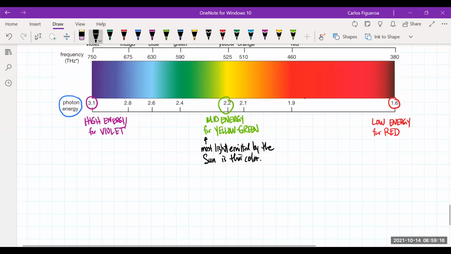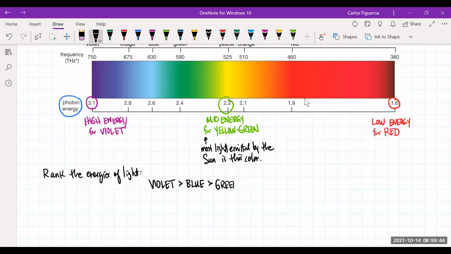So then if we rank the energies, what we're seeing here is that violet is going to be greater than blue, which will then be greater than green, which will then be greater than yellow, as well as orange, which will be greater than red.